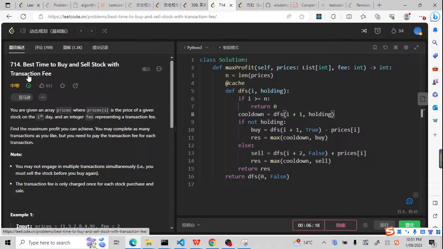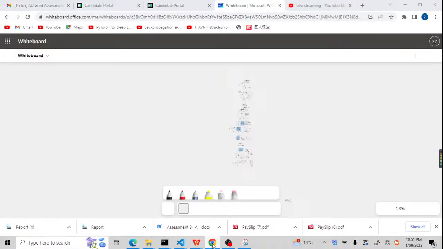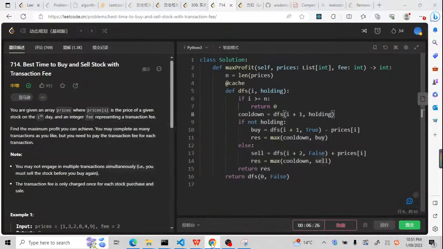309 for best time to buy and sell stock with cooldown. And here there's only one difference, that is the transaction fee. I will change a little bit of the code, but before that, let me try to explain the method. I'm not going to explain the images of the decision tree and state machine.